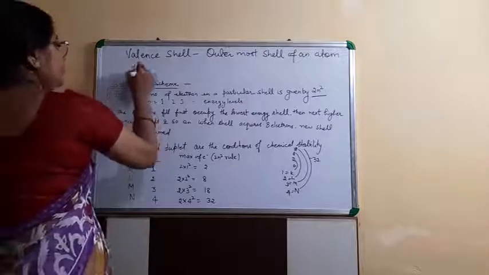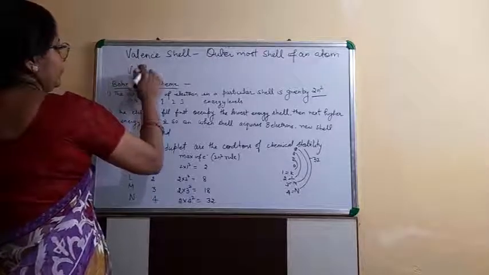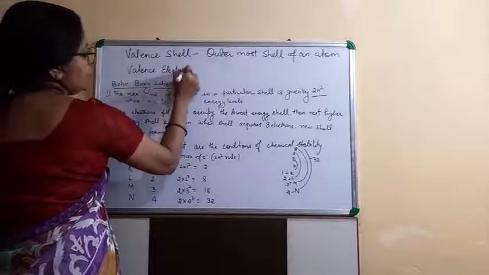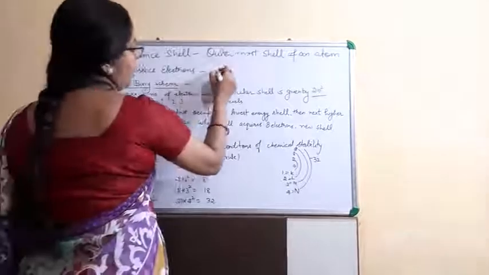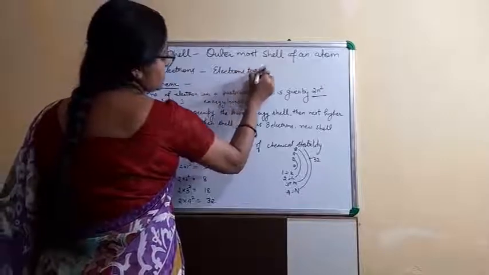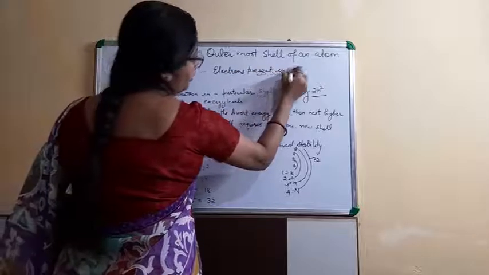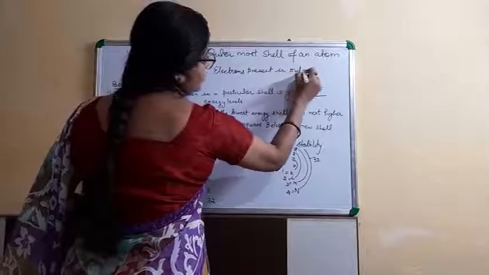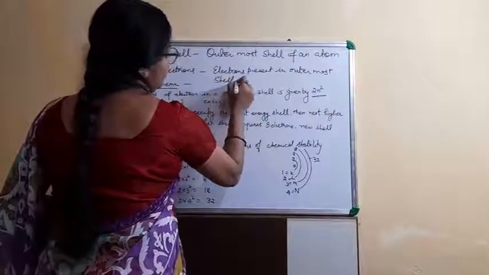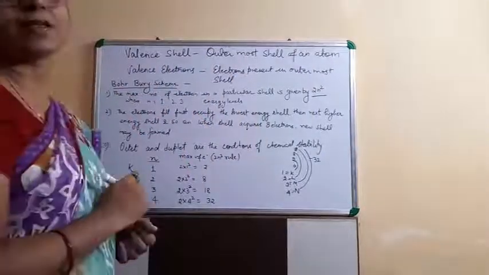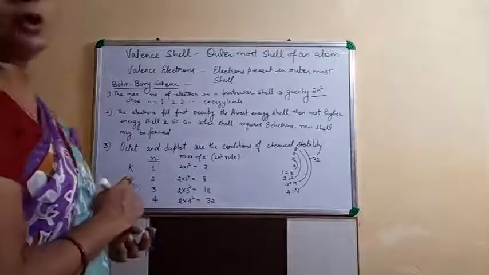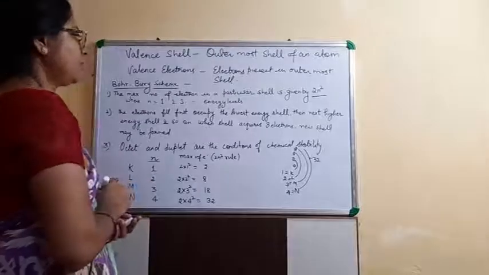Valence electron: the electrons present in the outermost shell are known as valence electrons.